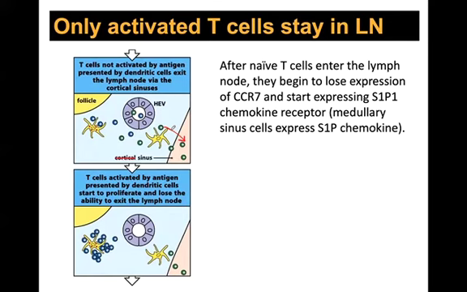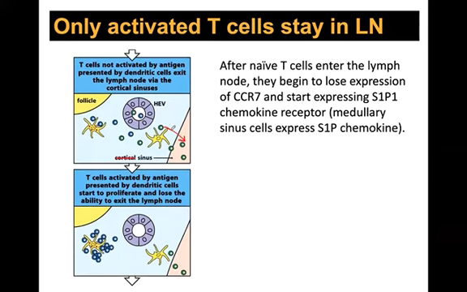Okay. So after the naive T cells come to the lymph node, they start to lose expression of CCR7. It's like a clock, really. And the way that this is easiest to explain is that there's two competing chemokine receptors. CCR7, which is telling the cell to go to a lymph node, and an S1P1 receptor, which is a different chemokine, which is telling the cell to leave the lymph node.